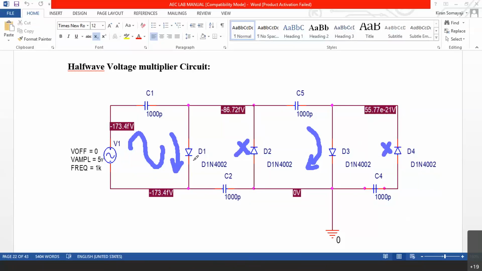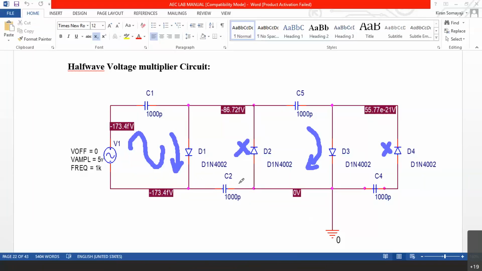But when D1 is conducting, you can see here, what will happen to C2 when D2 is not conducting? D2 is not conducting, D1 is conducting. So signal is going like this. And what will be the voltage at this point? See, capacitor passes AC, D1 is conducting.